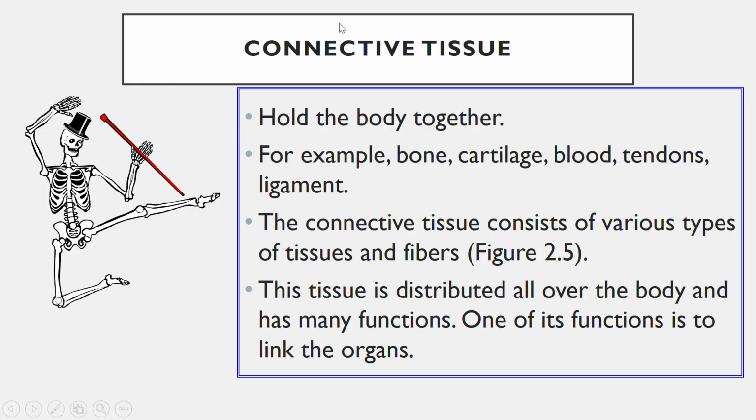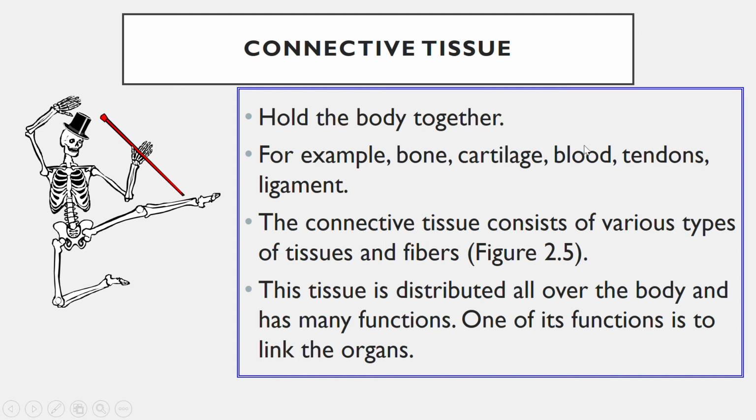Okay, the third one, let's look at connective tissue. By the word itself, connect, it holds the body together. So examples of connective tissues, bones. Remember the first few slides, the example of the skeletal system. Bone is one of example of the connective tissues.